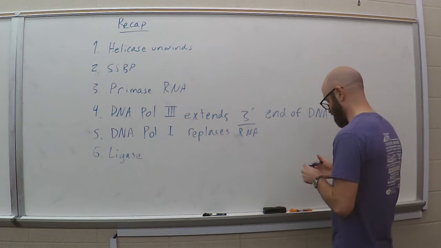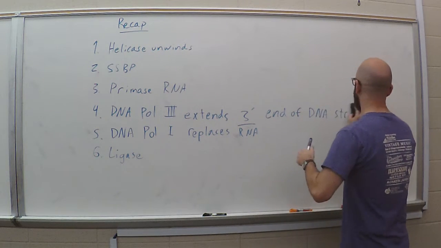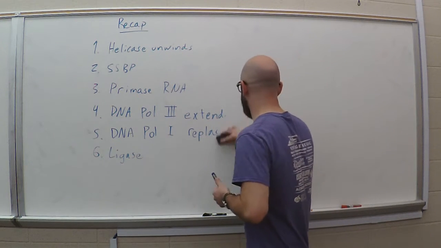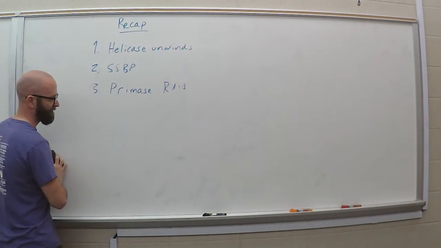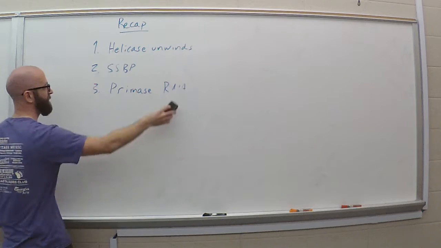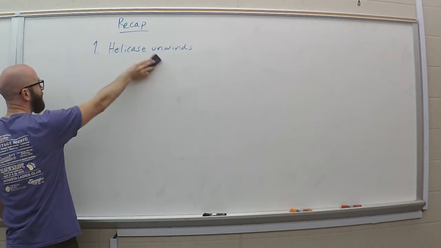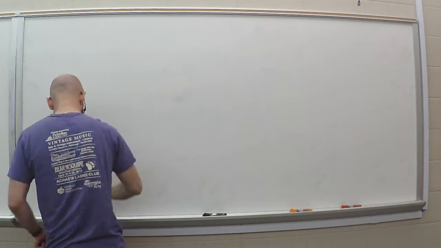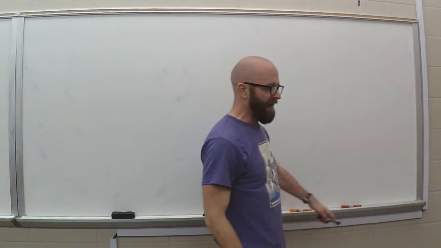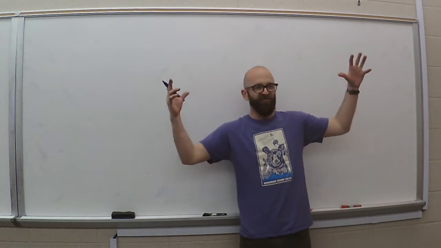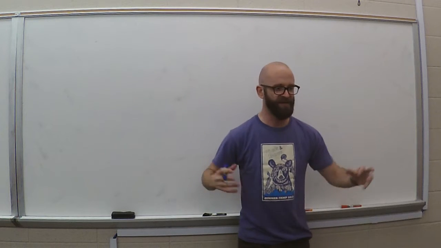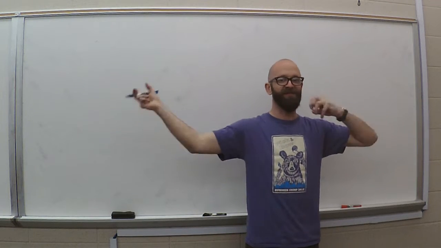You might be watching this and following along, and you might get the impression that all of these different enzymes and proteins are working independently of each other, because I've talked about them independently. But the reality is that a lot of them get lumped together into a gigantic multi-protein complex that does everything.